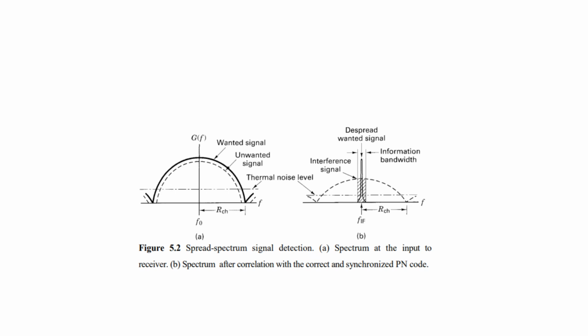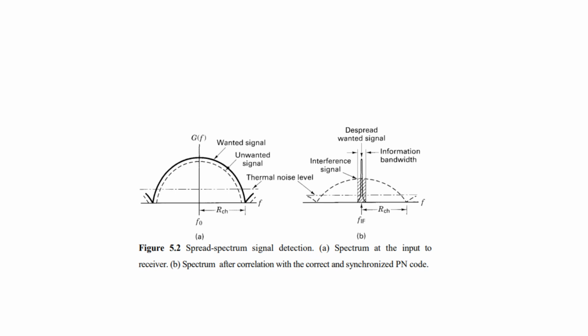Therefore, considering the spread spectrum of the signal, that is the spectrum at the input to the receiver, for the entire frequency, both the wanted signal as well as the unwanted signal occupy the maximum power spectral density throughout the bandwidth.